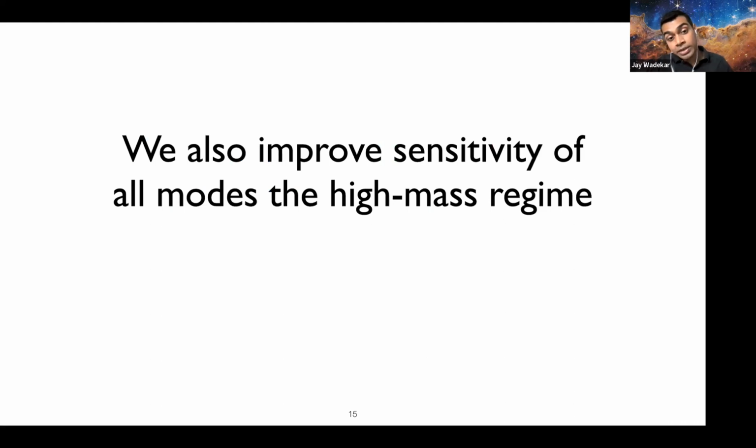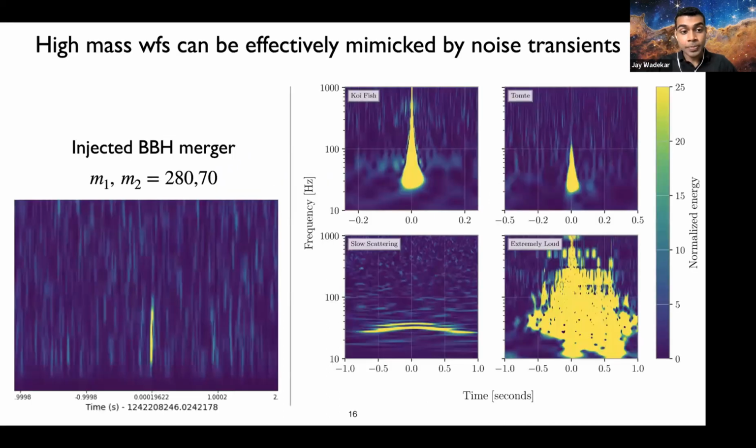There was another important improvement that we made in the pipeline, which is to improve sensitivity in the high mass regime of all the modes. Just to give everybody an idea, maybe people are not familiar, in gravitational wave data you see a lot of noise transients, which people call glitches.